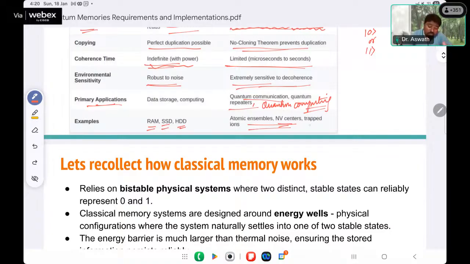I can take a few atoms and make them ions, and trap the charged ions within a certain location using electromagnetic fields. I can put them in a superposition state, probably spatial or temporal superposition. From there, I can realize qubits or quantum memories, and I will use that for computational tasks.